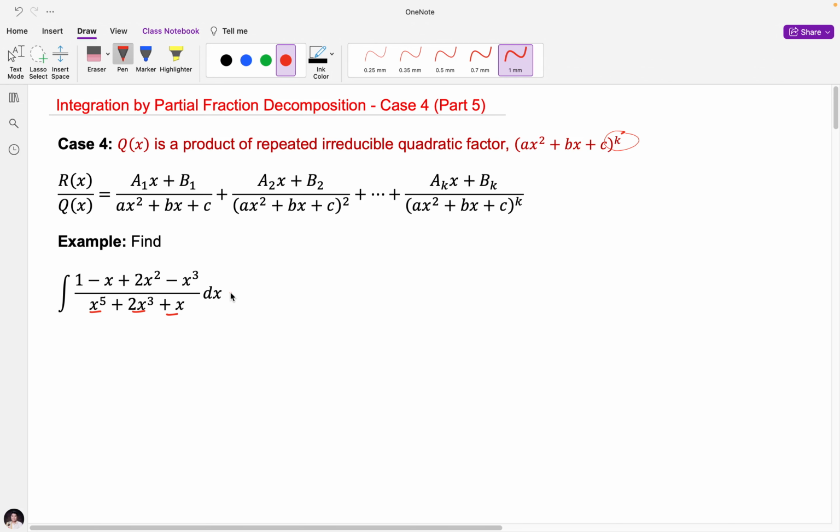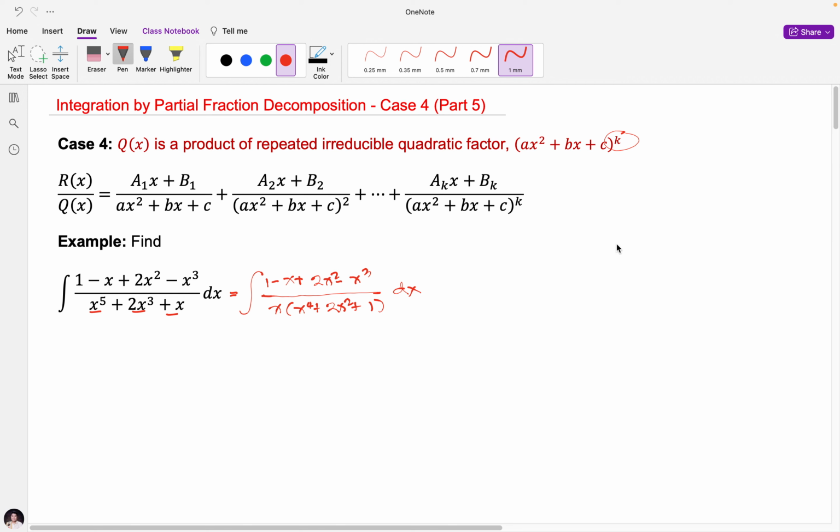Tama? So this is now equal to the integral of 1 minus x plus 2x squared minus x cubed all over, si x ang obvious factor, so we have x, so what's left is x raised to 4 na lang, then we have 2x squared, and we have plus 1, dx.